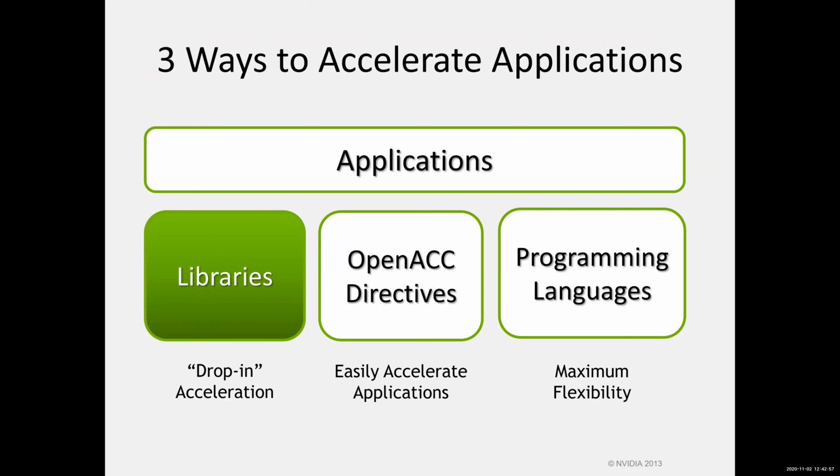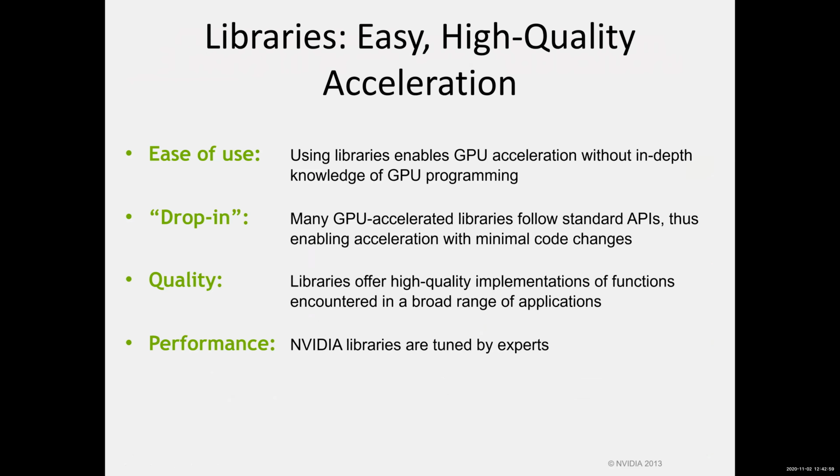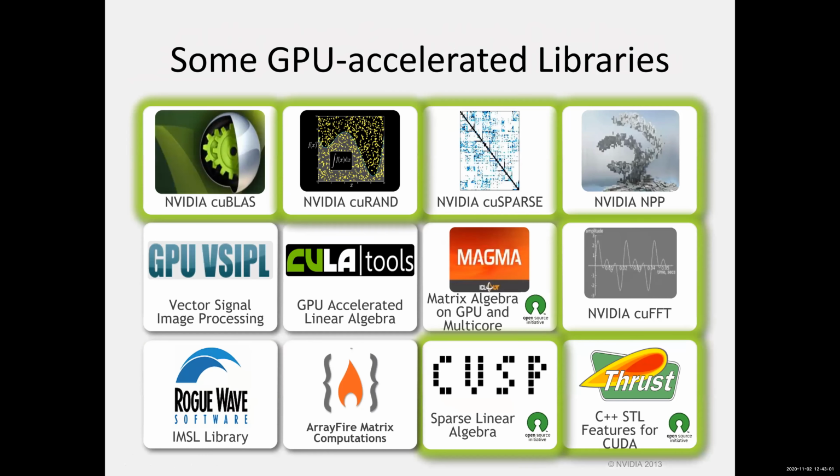So let's look at the first one, libraries. We have NVIDIA libraries. They provide a various amount of libraries which are based on top of CUDA. You have NVIDIA cuBLAS.